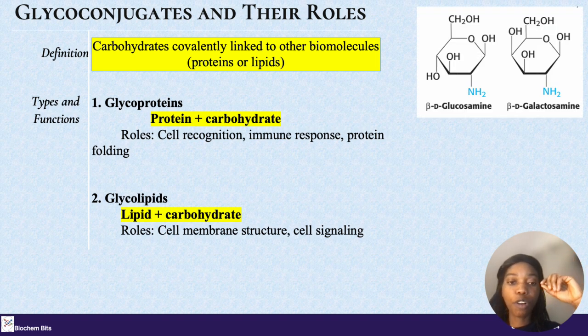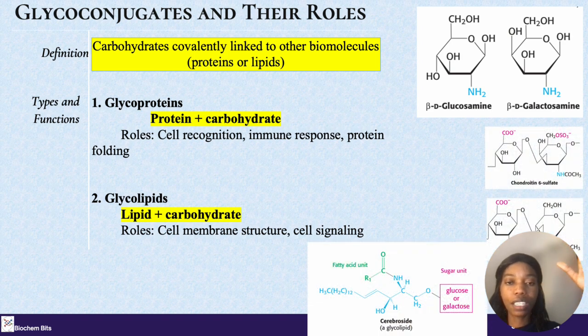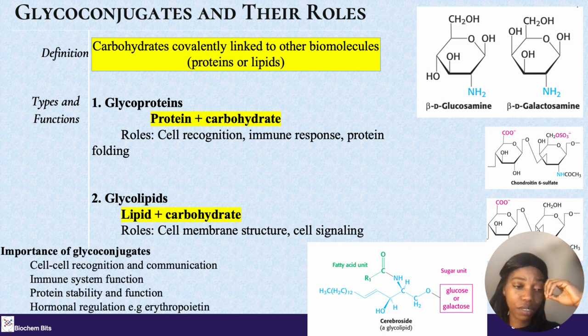The simple form of glycolipid is cerebroside. So some of the examples of glycoproteins that I mentioned are glucosamine, galactosamine, chondroitin 6 sulfates, and the likes. These are some of the places where it abounds and that it functions in hormone regulation.